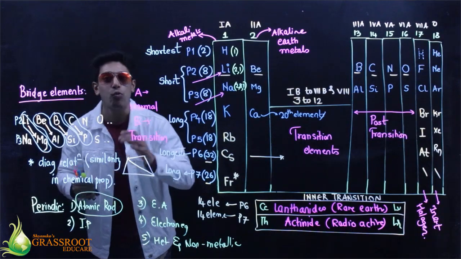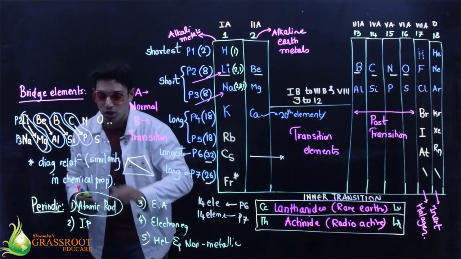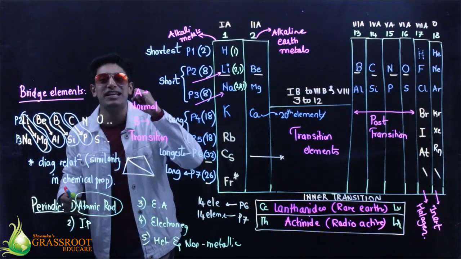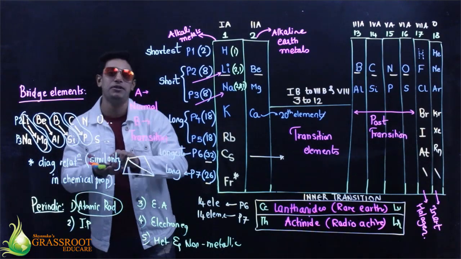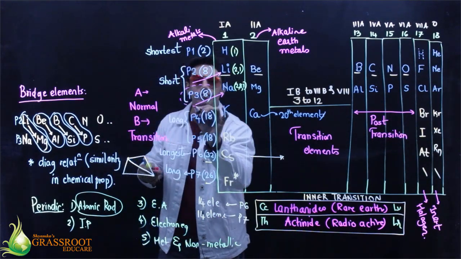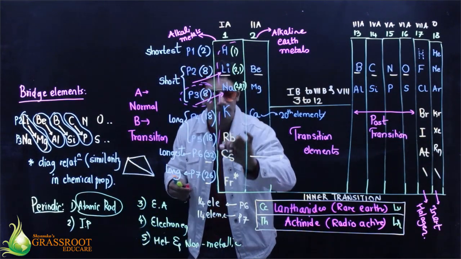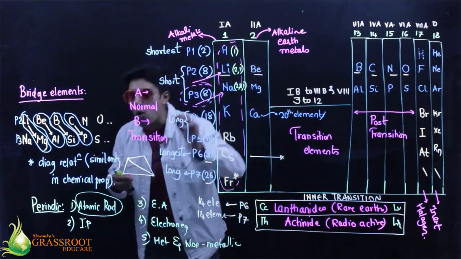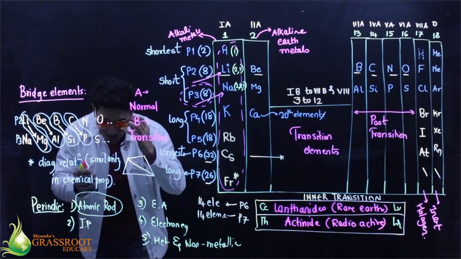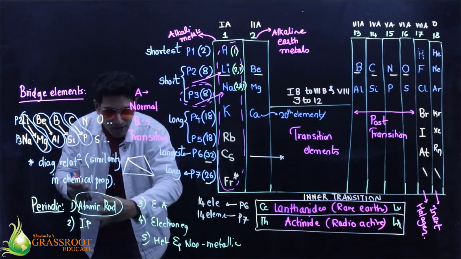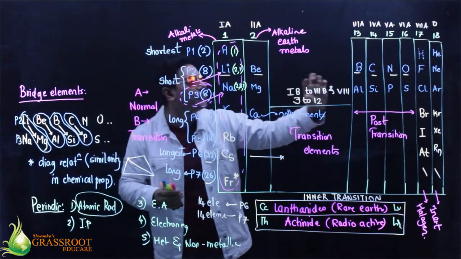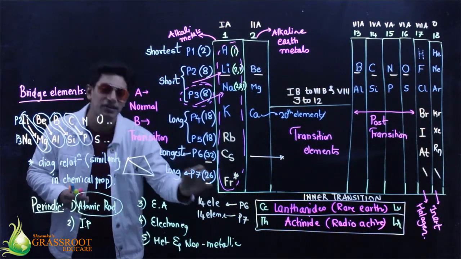Now remember, while speaking about all these 5 periodic properties, I am going to take an example of the third period and the first group, in order to analyze the periodic properties.